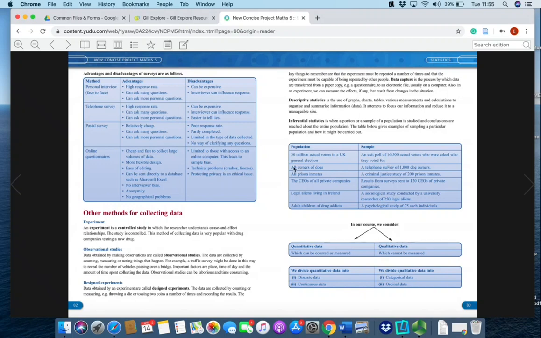If you wanted to do a survey of all owners of dogs, maybe you were looking for the most popular brand of dog food, you could do a telephone survey of 1,000 dog owners. If you needed to survey all prison inmates, you might do a criminal justice study of 200 prison inmates.